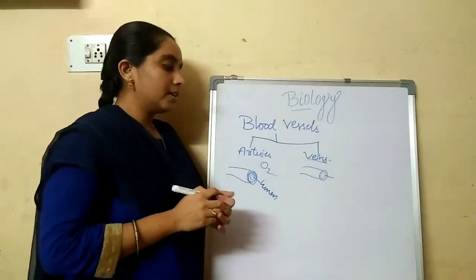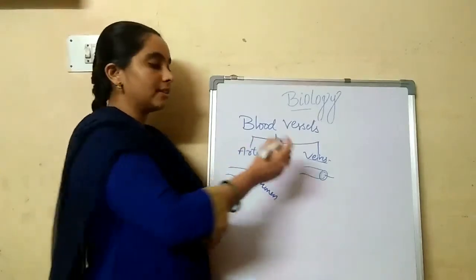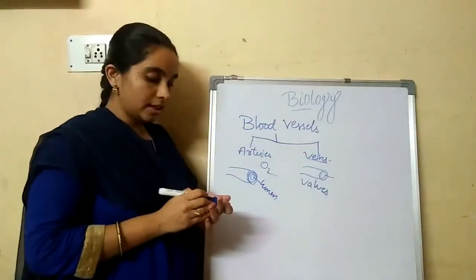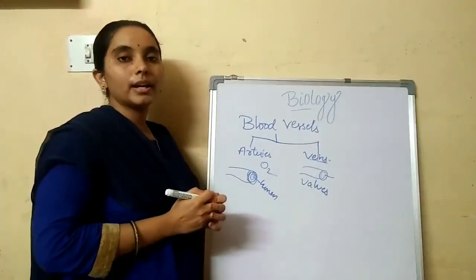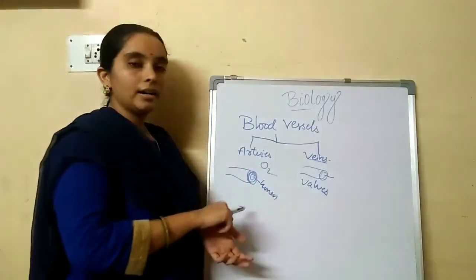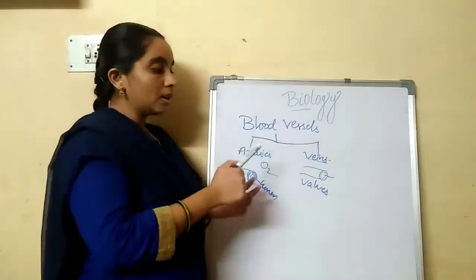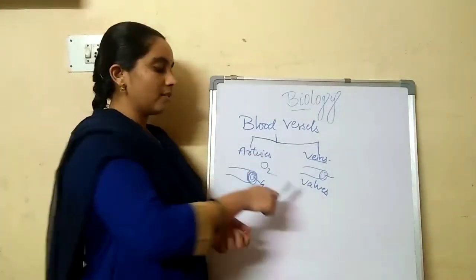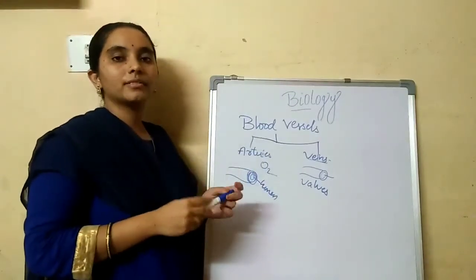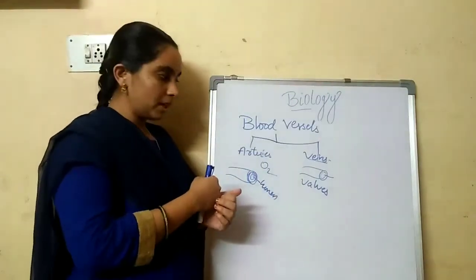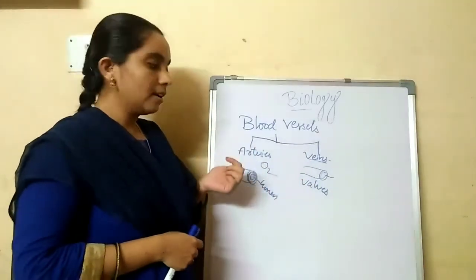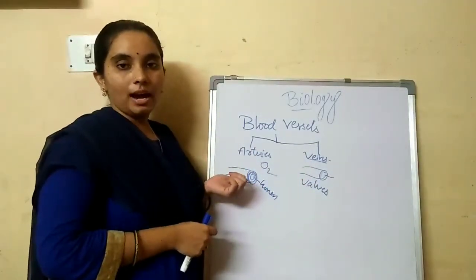Okay, and the main important thing is veins have valves, because deoxygenated blood should not again enter the heart. It should not go back in reverse direction. These valves, as you know, prevent the backflow of the blood. So the veins contain valves, whereas valves are absent in arteries.